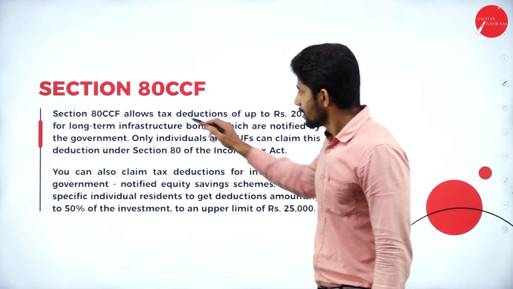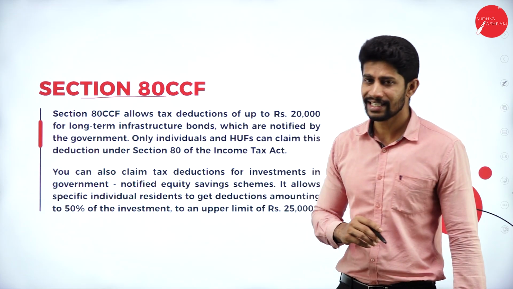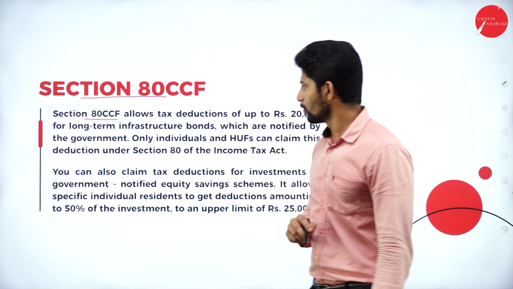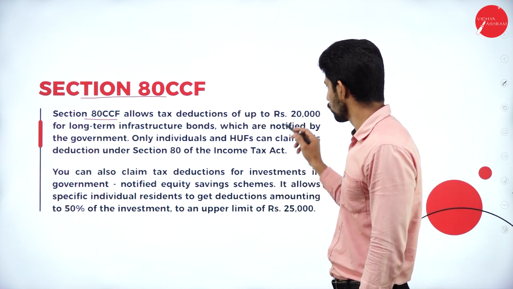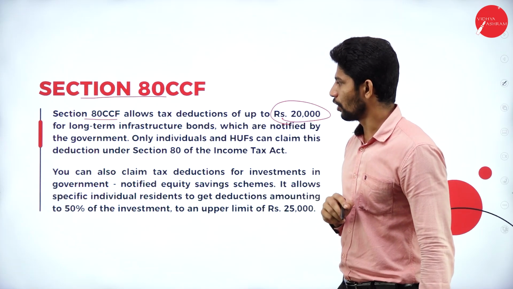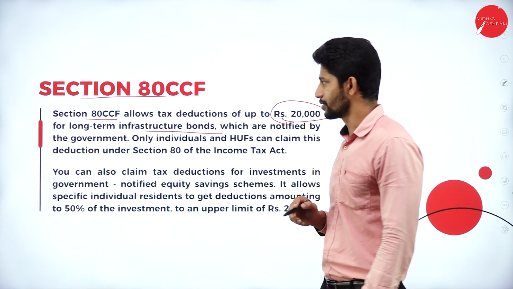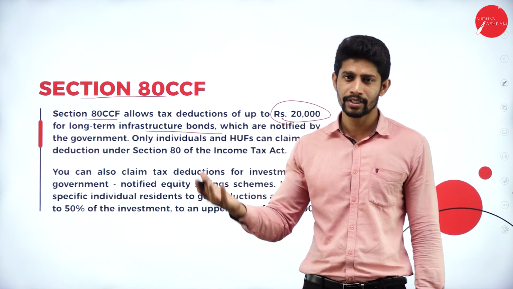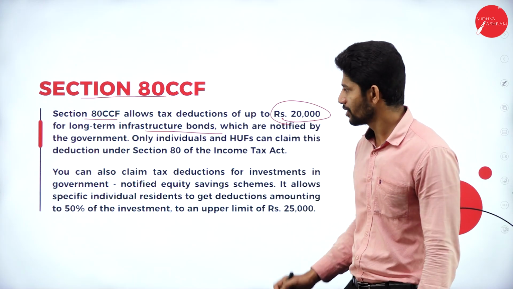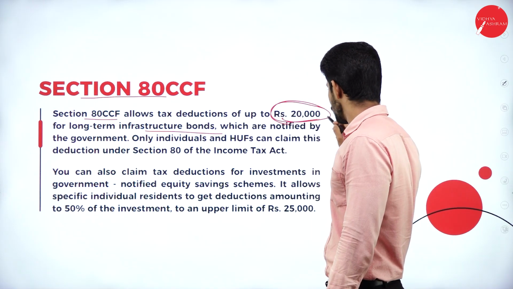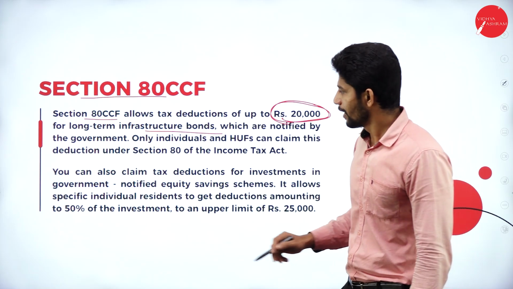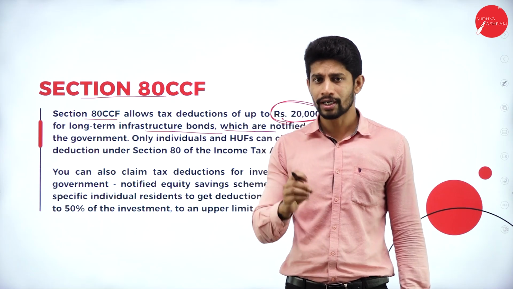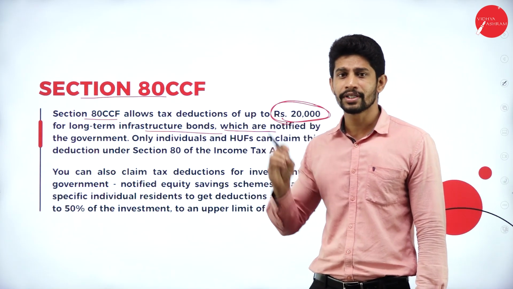Moving further, section 80CCF. Under this section, section 80CCF allows tax deductions of up to rupees 20,000 for long-term infrastructure bonds. Yes, if you are investing in any kind of long-term infrastructure bonds, government or private, you can ask for a deduction of up to rupees 20,000, and these should be notified by the government.